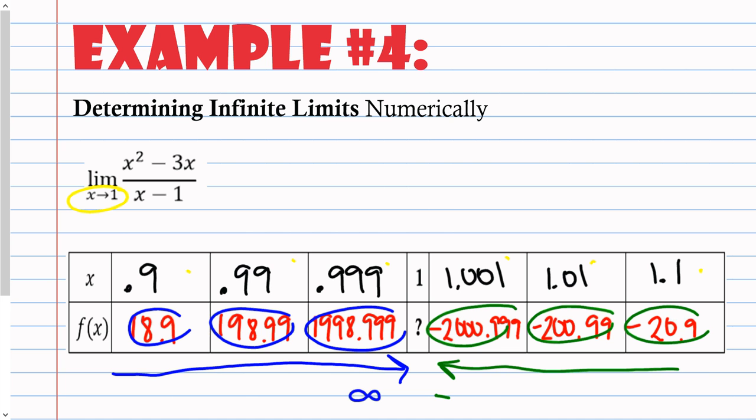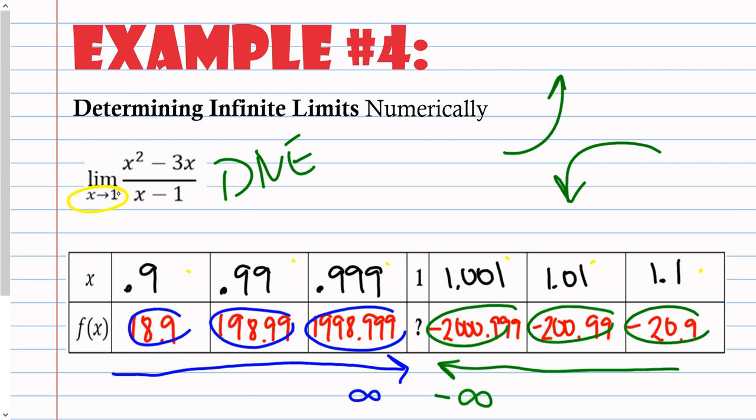Either way, we're getting more and more negative, so negative infinity. And so here's a case where the limit actually doesn't exist, because one side is going up and the other side is going down. So we would say it does not exist.